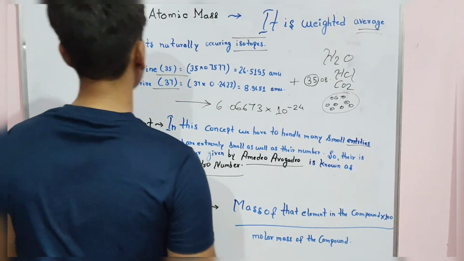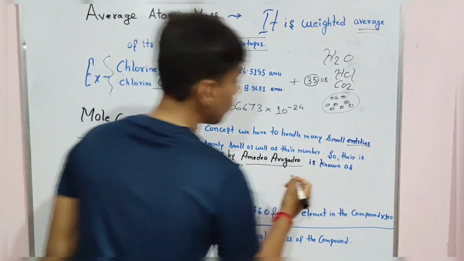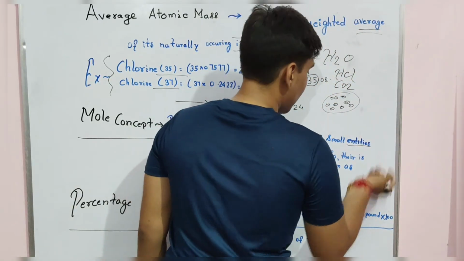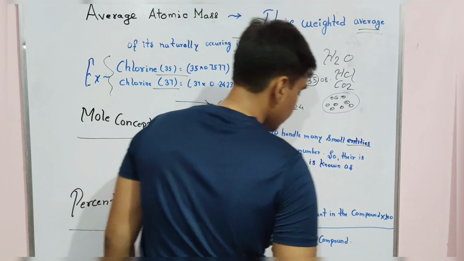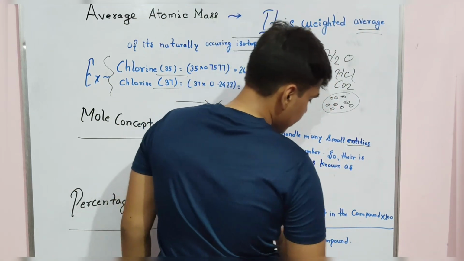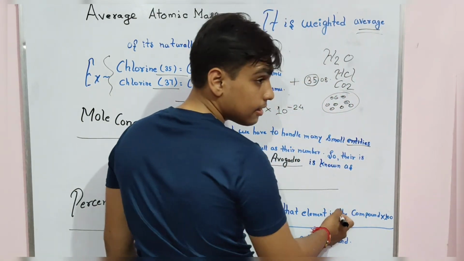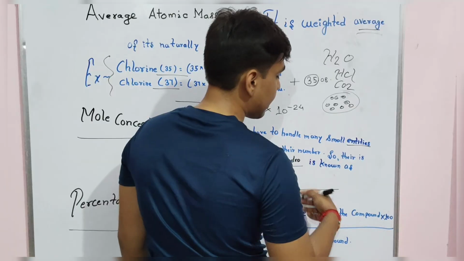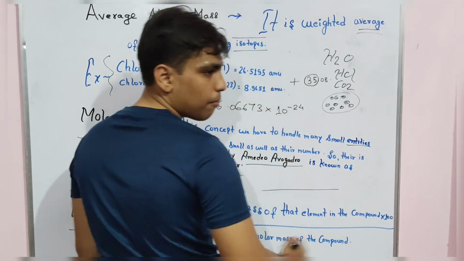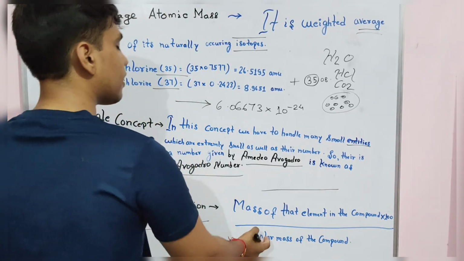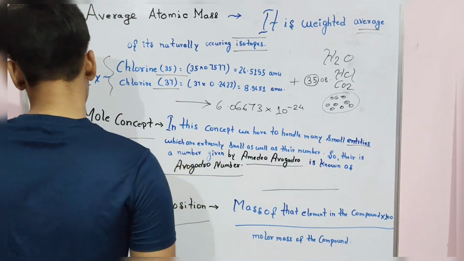We will be given that the compound weighs, like, 100 grams or 900 grams, and the element consists of that much gram, multiplied by 100 upon the full compound. So we can calculate by percentage composition.